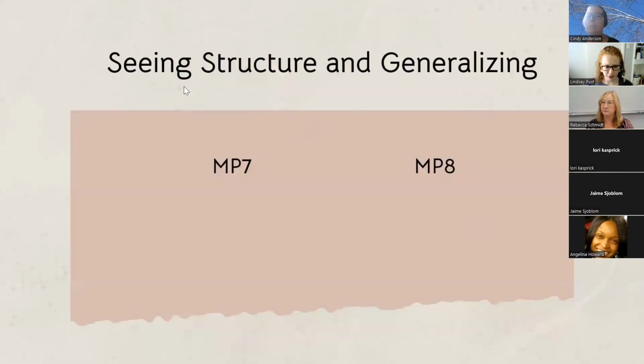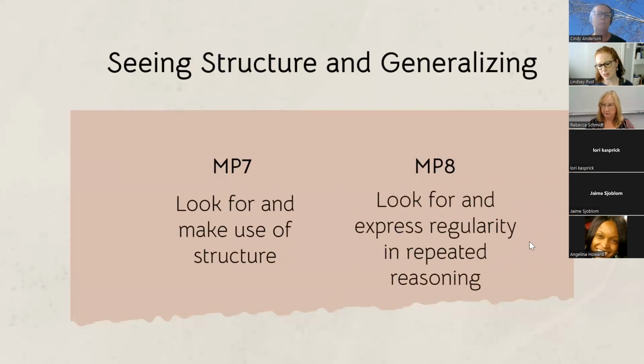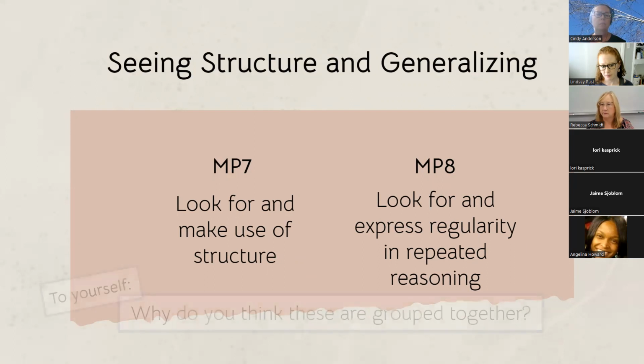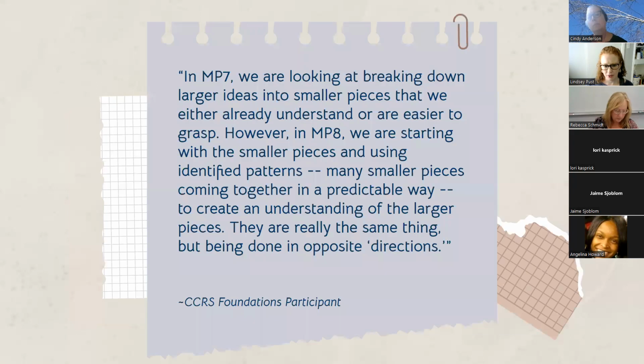Okay, last group, seeing structure and generalizing, math practice 7 and math practice 8: looking for and making use of structure, and looking for and expressing regularity in repeated reasoning. So why do you think these were grouped together? And here is a quote.